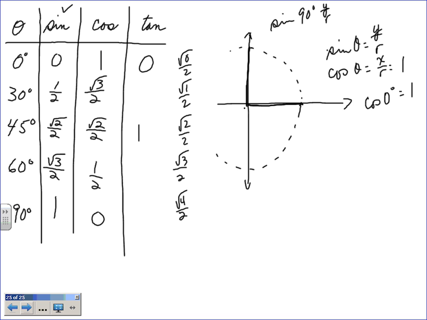Tangent is sine over cosine. For 30 degrees, it's the y value over the x value, the 1 over square root of 3, which is square root of 3 over 3. For 60 degrees, it's the y value over the x value, square root of 3 over 1.